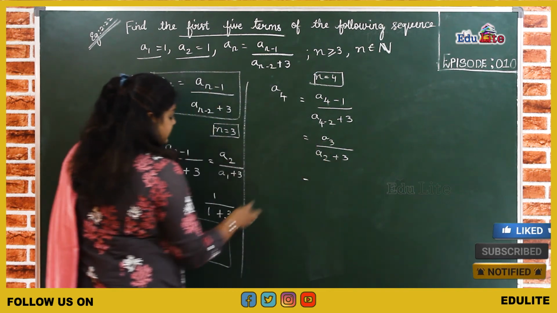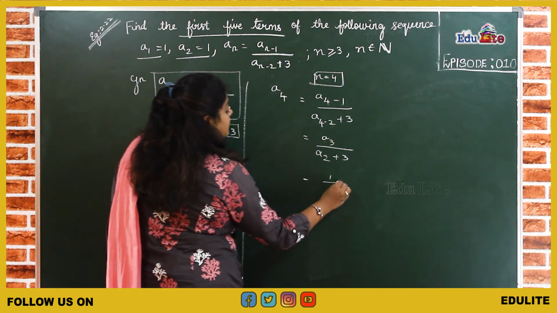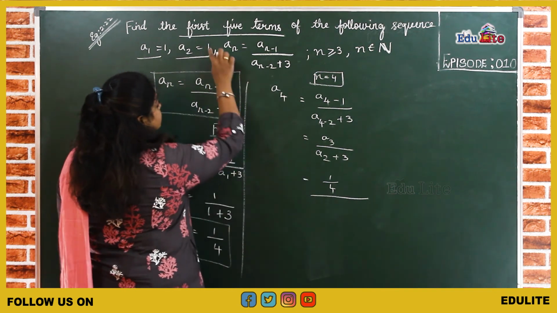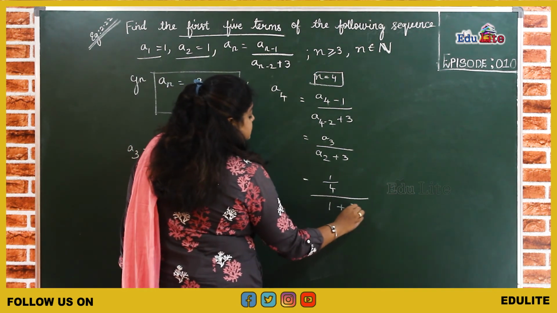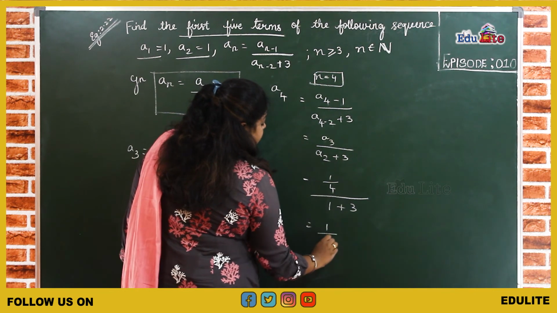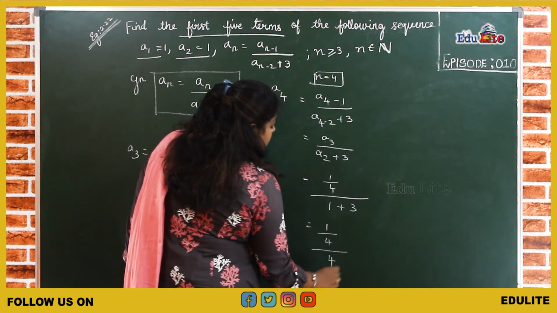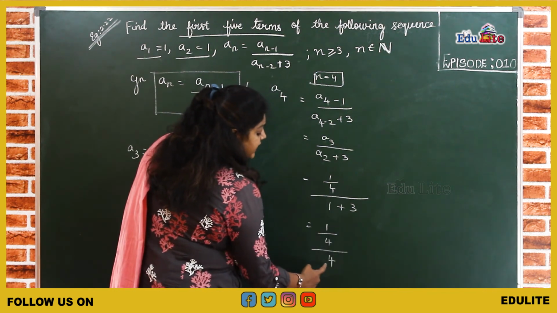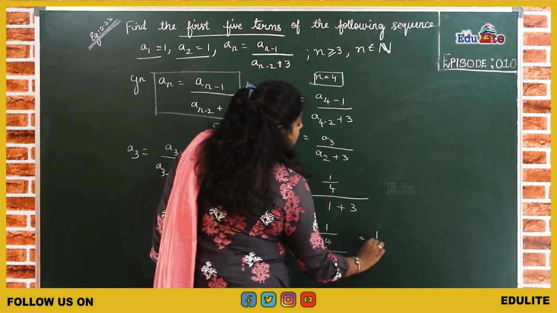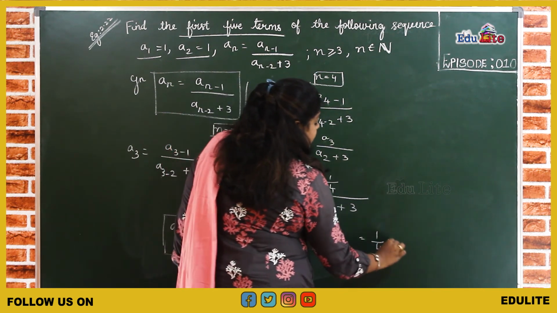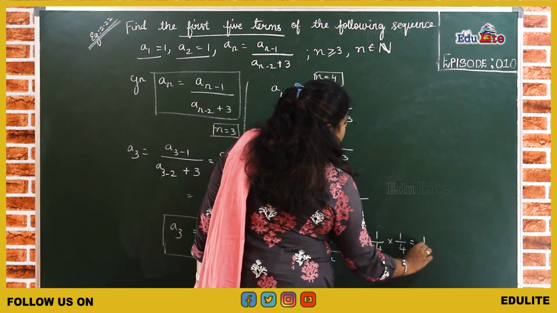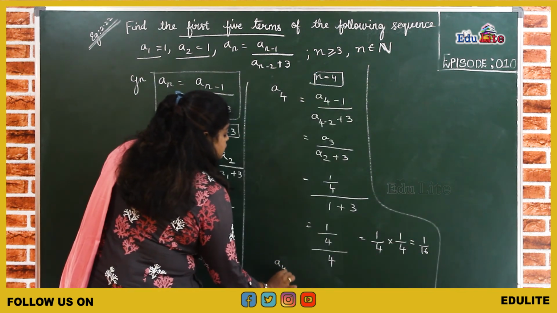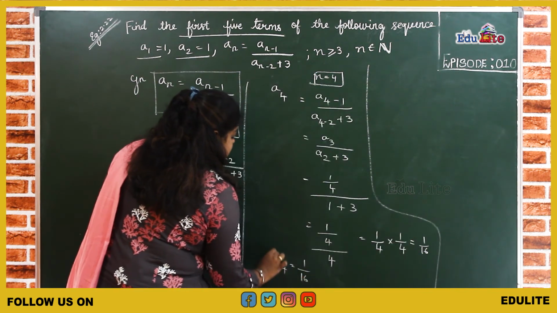We know the value of a3 which we found as 1 by 4, divided by a1 value, a2 value which is given as 1, plus 3. Therefore, 1 by 4 by 4. So, if we reciprocate this, it will become 1 by 4 because it is like 4 by 1. So, 1 by 4, if I reciprocate this, I will get 1 by 4 which will give me 1 by 16. Therefore, a4 is equal to 1 by 16.